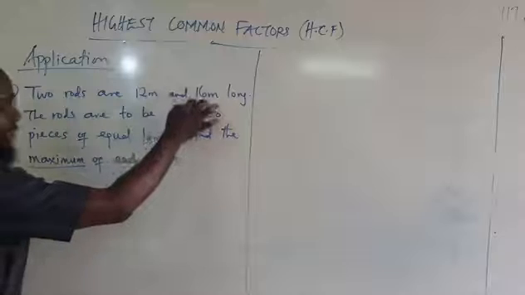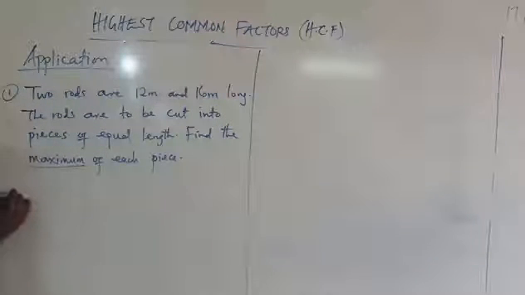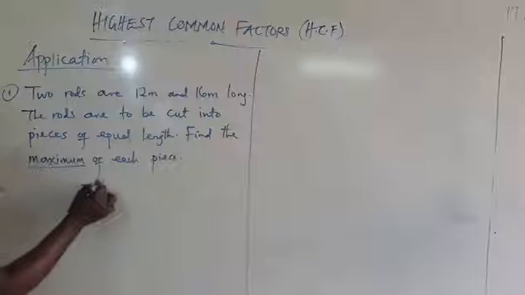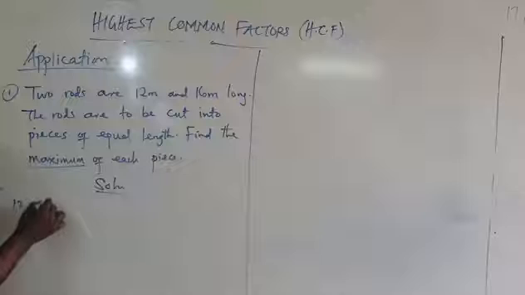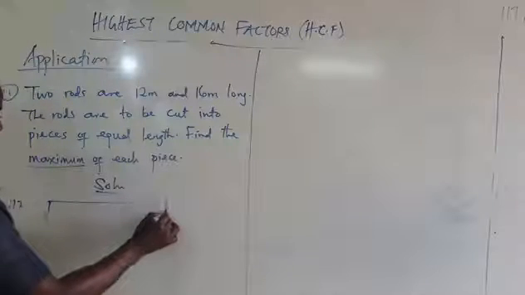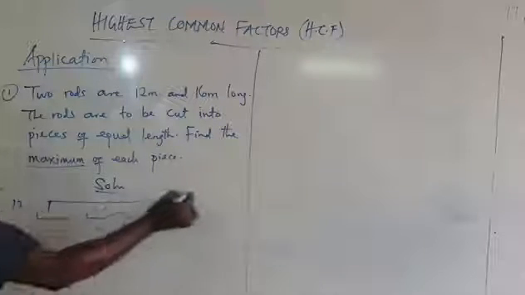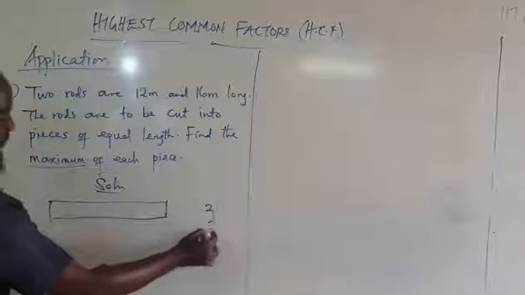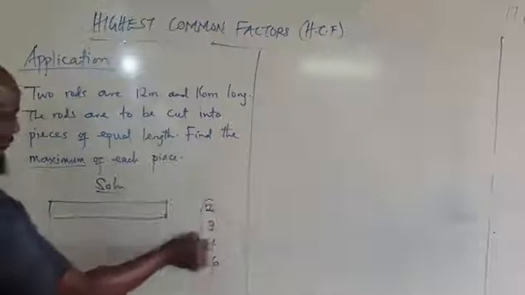Then we also look at all the factors of 16. So let's start with 12. Let's assume this is the rod. The factors of 12 are 2, 3, 4, 6, and 12.